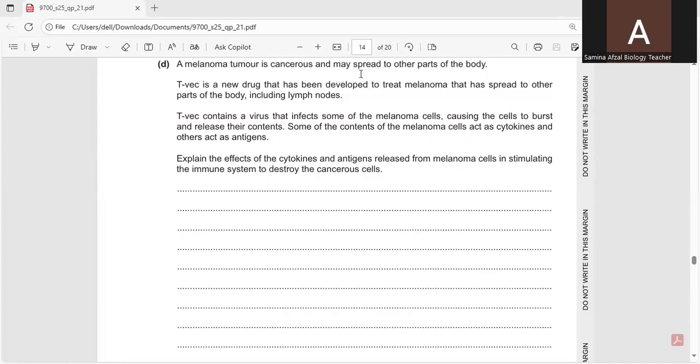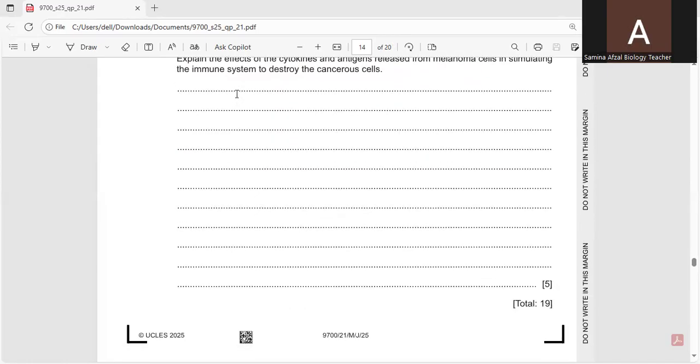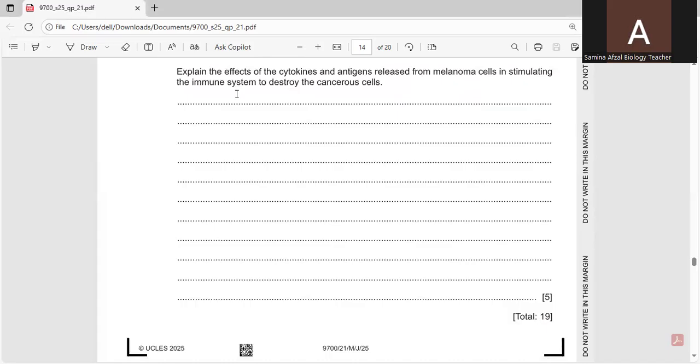So now we have to explain the effects of the cytokines and antigens released from melanoma cells in stimulating the immune system to destroy the cancerous cells. So first of all, I would like to write what will be the roles of antigens.